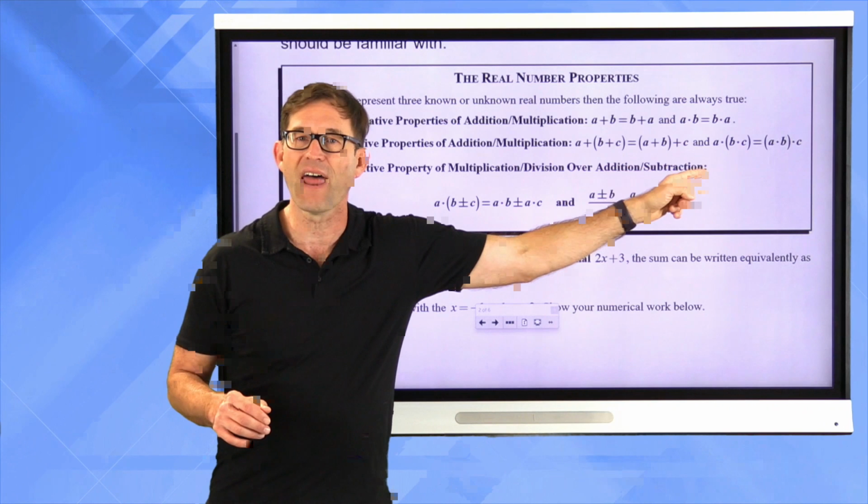So let's take a look at exercise number 5, our last exercise. Using properties of real numbers, rewrite the expression 8x plus 12 in at least 5 different equivalent ways. And again, there's an infinite number of ways to do this, so 5 is barely scratching the surface. But let me give you an example, right? Here's an example.